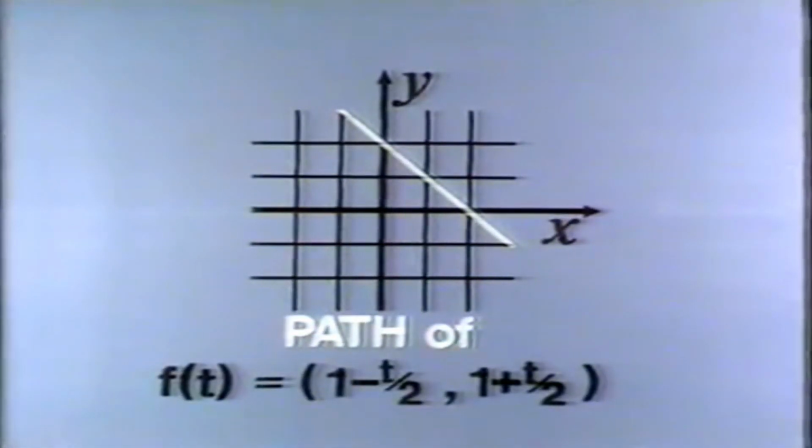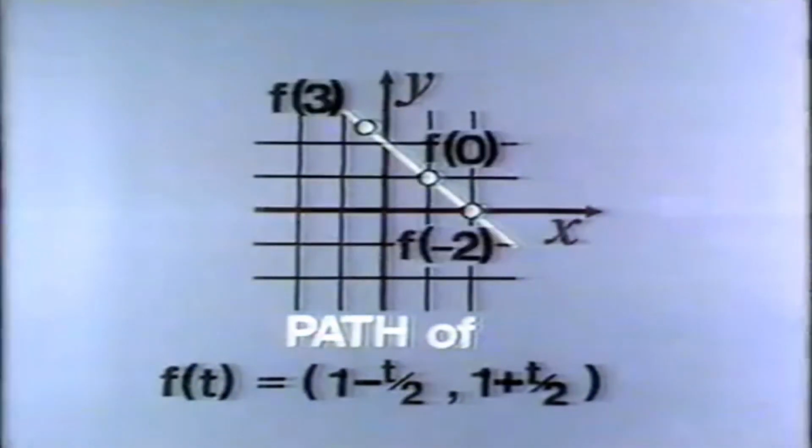In fact, instead of building a three-dimensional model of the function, you could simply draw its path like this as an alternative representation. The only problem is you can't see pictorially which values of t map to which positions on the path. But you could recover some of that information by marking in a few of the image points and identifying them.